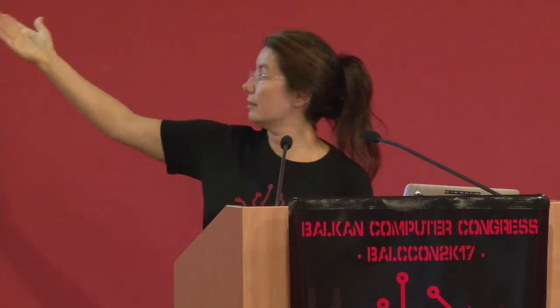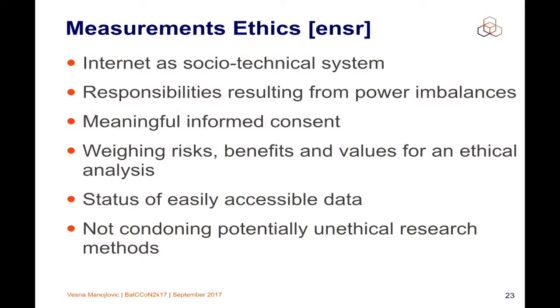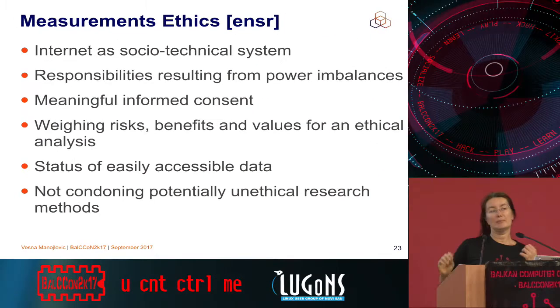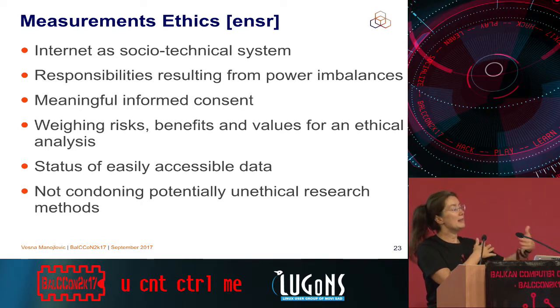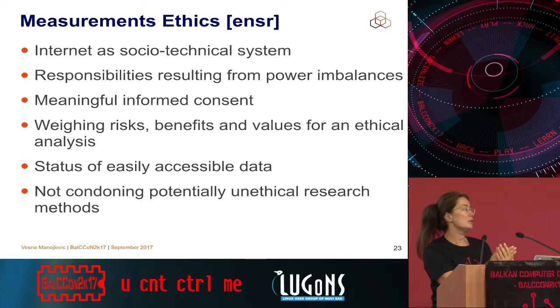And not condoning potentially unethical research methods. This is more important for the conference organizers, actually, and the academic journals who receive a lot of research papers, and they have the power to not accept the unethical research methods.